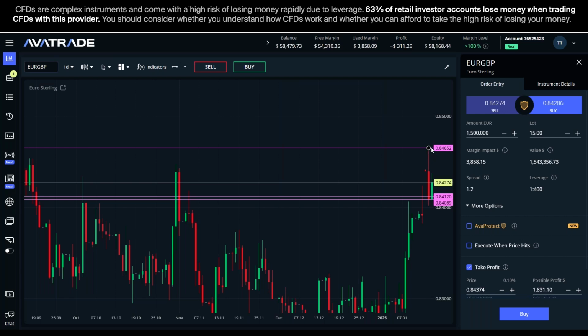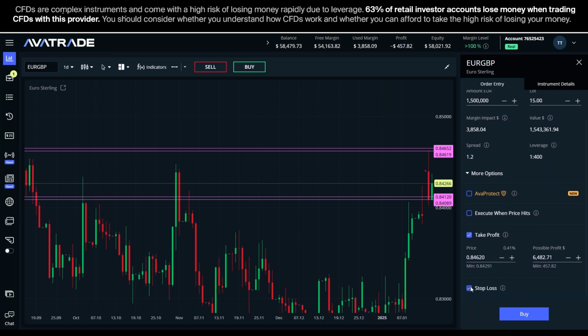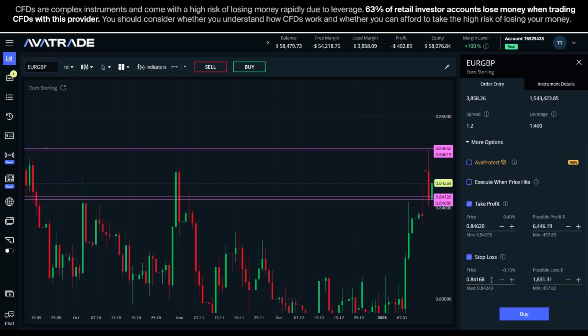This is our resistance level up here. So let's say 84.63, something like that, just below the resistance. Maybe 84.62. Okay, so take profit 84.62. And then my stop loss should be below 84.12 according to the signal. So 84.10 maybe for stop loss.